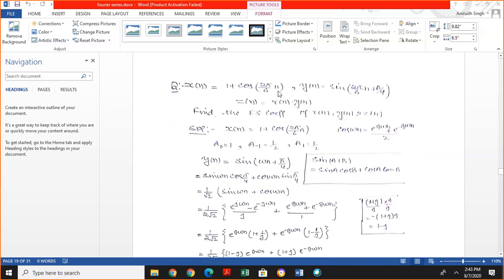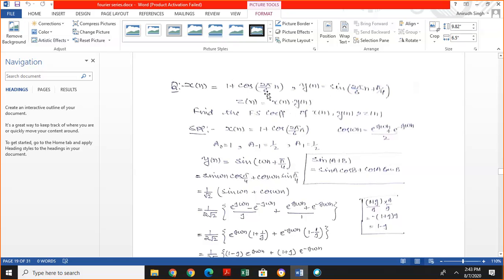Here xn is given by this expression and yn is given by this expression, and zn is simply the multiplication of xn and yn. Xn and yn are multiplied in the time domain, and you have to calculate the Fourier coefficients of x of n, y of n and z of n.